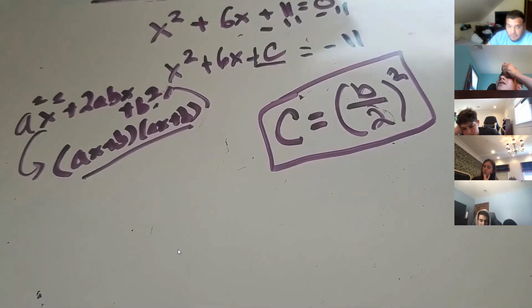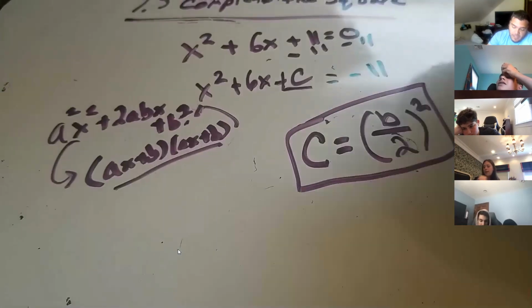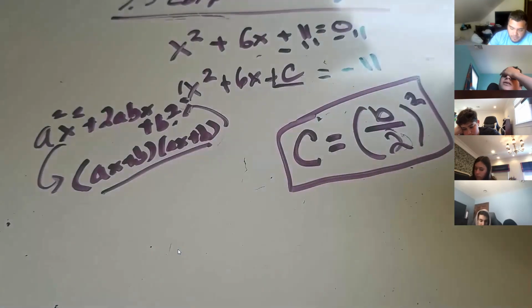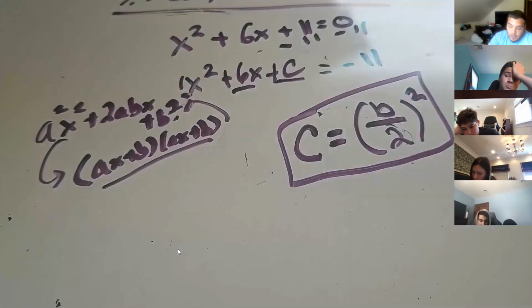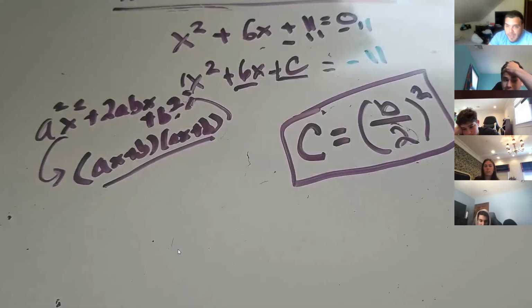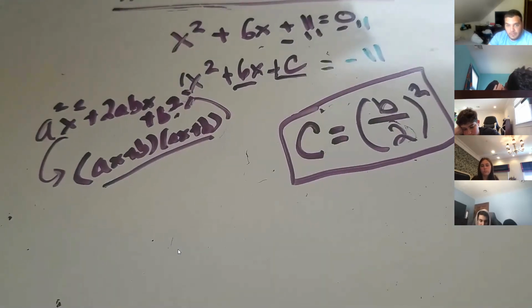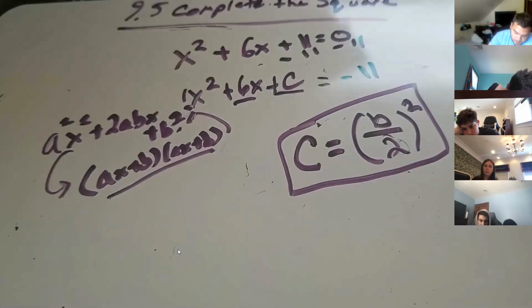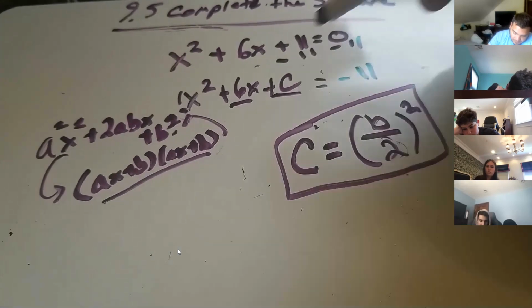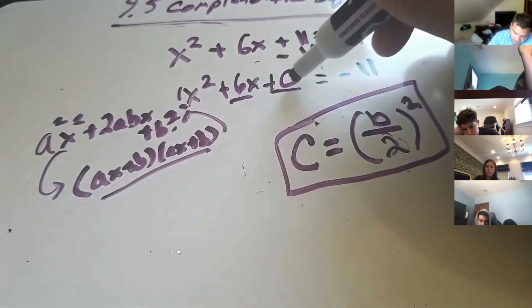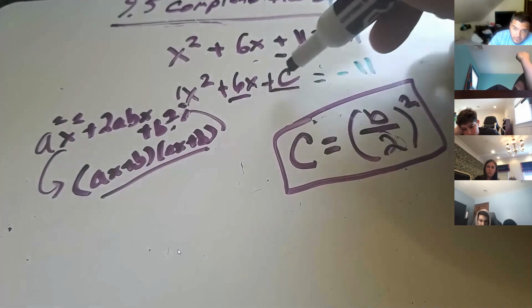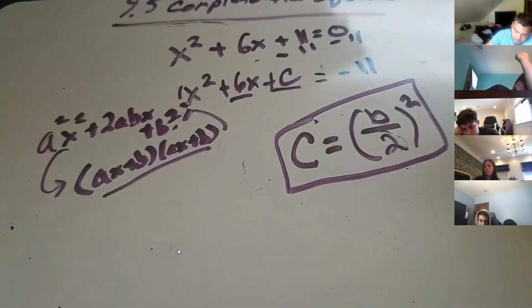Okay, so let's find C in this case. A is 1, that's in front of the x squared. B is 6. We're making up a C. I want this right here, C, to become something useful. So I'm going to use this equation.